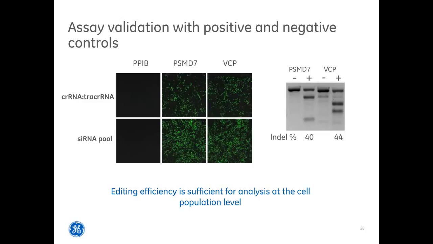Now, as you can see from the GFP expression, the penetrance is really pretty comparable and certainly robust enough for positive hit calling of this phenotype. And then on the right, you're seeing the corresponding gel, again looking at mismatch detection, indicating really very efficient gene editing for these assay conditions.